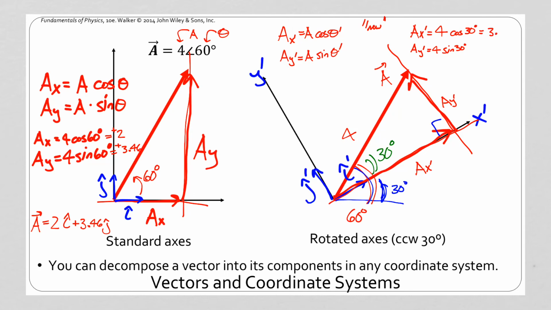And so now this is going to be 3.46 in the x direction. This is going to be 2 in the y direction. And I would write this now as 3.46 i hat prime and 2 j hat prime. So the primes tell me that these are relative to the new axes. The vector A is still vector A because the vector itself hasn't changed.